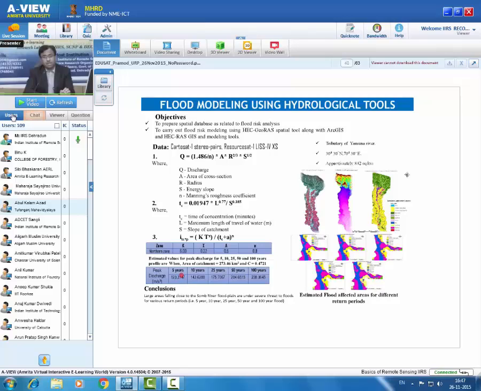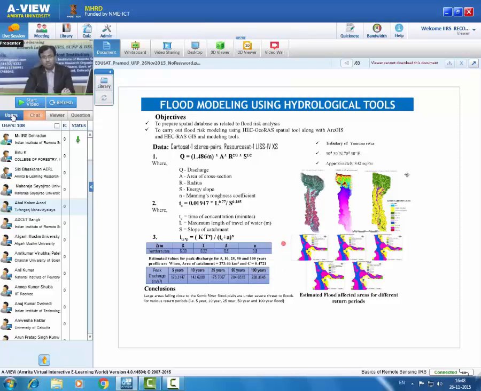For example, at a 5-year interval, the peak discharge is computed as 123 meter cube per second. At a 100-year interval, for the same given area and the same stream, the discharge is computed to be 38 meter cube per second.